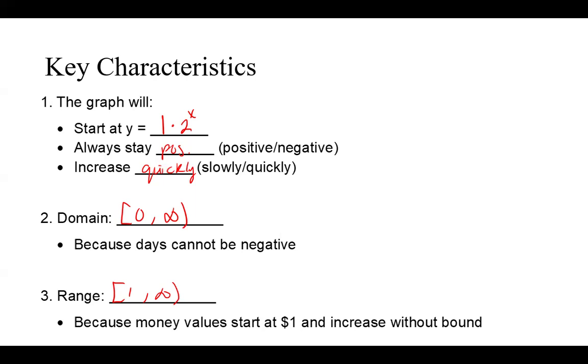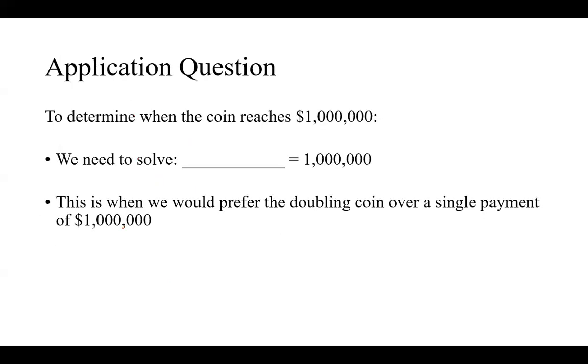Are you ready? Okay. So going back to our application here, since we know that this is a doubling model, we know the equation y equals 1 times 2 to the x. If we want to figure out how long it will take for us to have $1,000,000, we would take that 1 times 2 to the x and set it equal to 1,000,000.